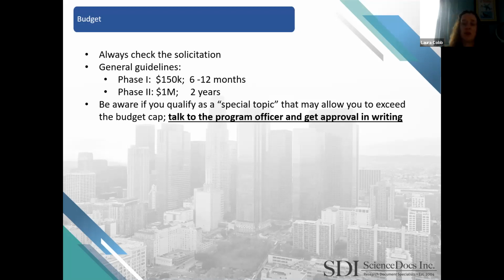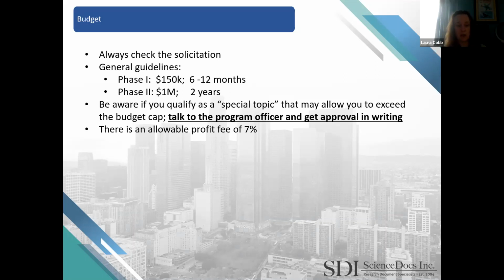But be aware if you qualify as a special topic that may allow you to exceed the budget cap, and there is one of these for pretty much all of the institutes, talk to the program officer and get approval in writing. So you'll know if you qualify or not based on the information on the NIH website, but you always want to get approval from the program officer. And as I mentioned, make sure that's in writing just in case you get questioned later on.